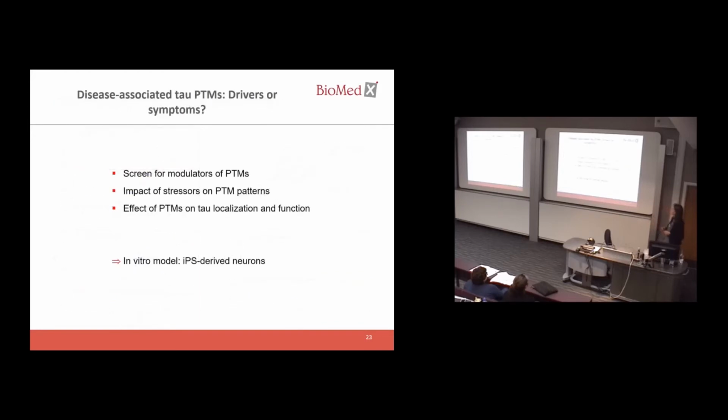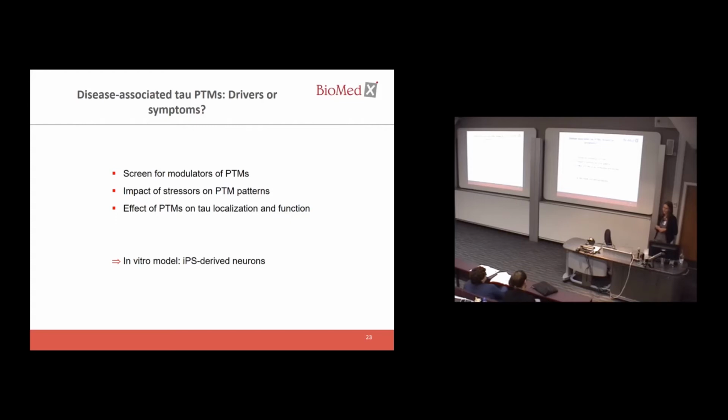So, of course, the next question now is, are these disease-associated PTMs drivers or are they symptoms of the disease? And how can we analyze this? Well, it's not easy to do with the tissues that we've been working with so far. So we really need to move to a cellular model.